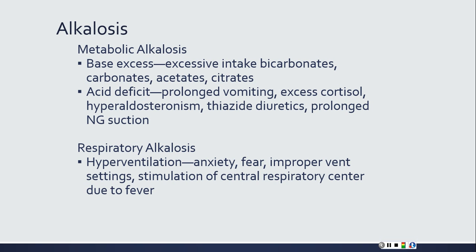Okay, if we vomit out too much, too much of our acid goes away, and our pH goes up. Also, excess cortisol, hyperaldosteronism, thiazide diuretics, and then prolonged NG suction. Okay, this is a side effect that we may cause. We've got to monitor that.